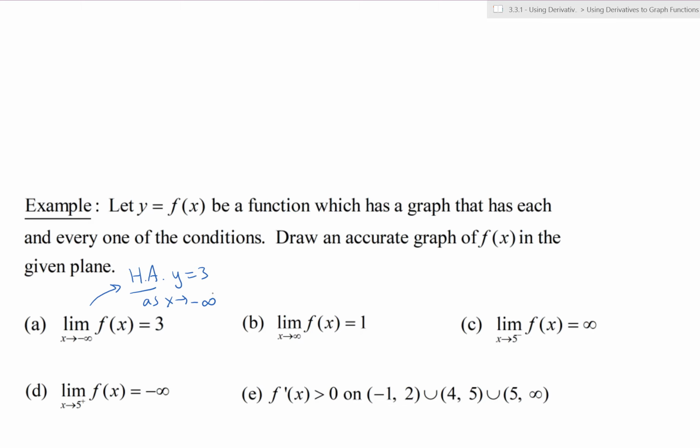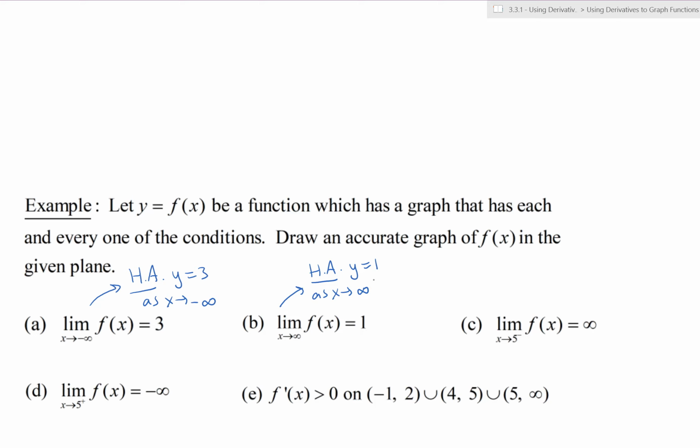In part B, similar, but in this case, the limit as x goes to infinity of the function is equal to 1. So again, that's telling us that we have a horizontal asymptote, but this time it's y is equal to 1, and it's in the positive direction. As x goes to infinity, the function tends to the output value of 1.